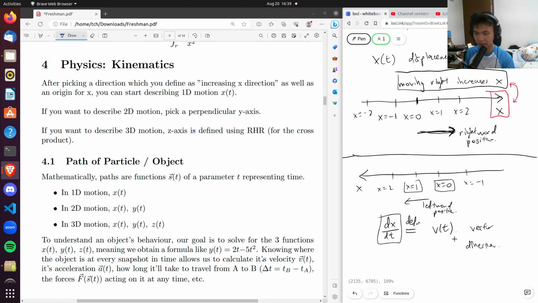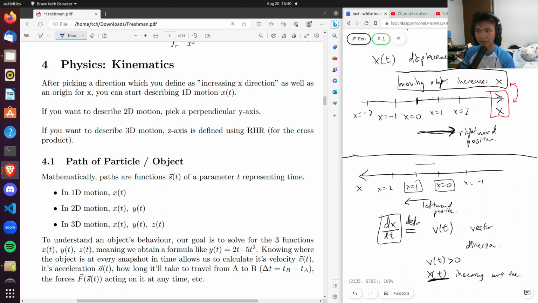So velocity is positive, v of t is positive, means that x of t is increasing with respect to time. And if x of t is increasing with respect to time, in the first scenario, that means that the particle is moving to the right over time. As time ticks, the particle is moving to the right. But in the second scenario, where we define x to be leftward positive, if the velocity is positive, that corresponds to a particle that is moving left.